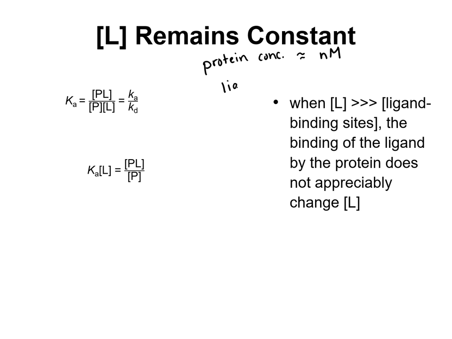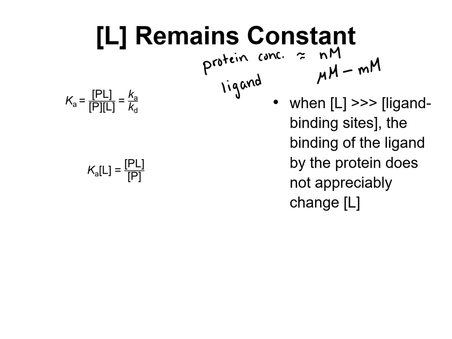For your ligand, you might be in the micromolar to millimolar. Just going from nanomolar to micromolar, that's 1,000 times, okay? So we're talking about really no change when all of that protein is bound to ligand.